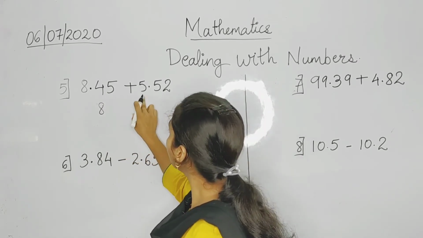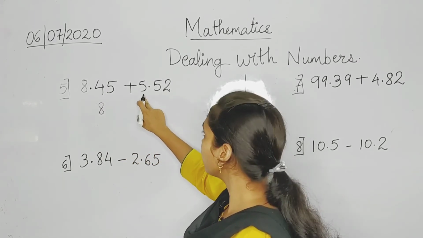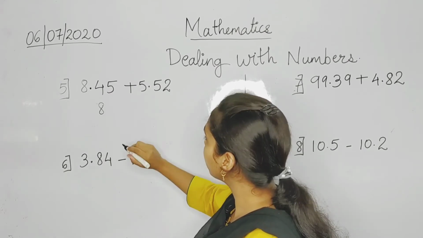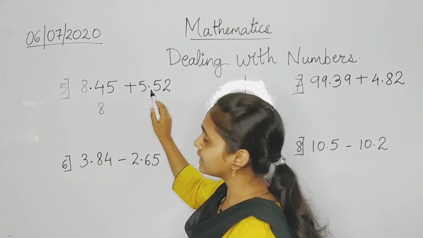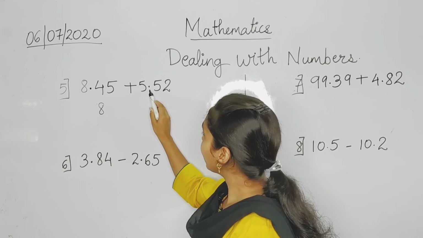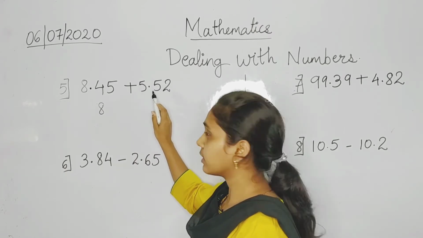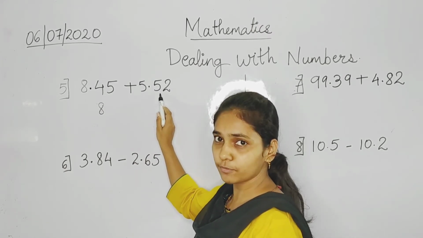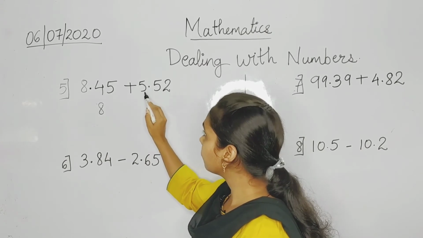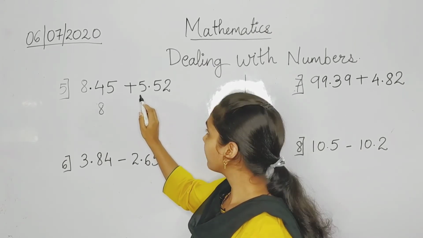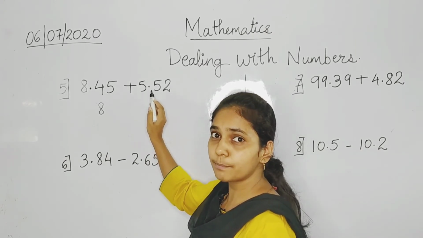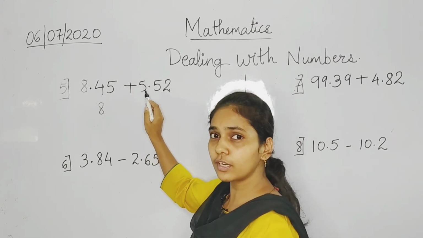Now we have to round off the second number. The second number is 5.52. Here we first check the number after the decimal point. The number after the decimal point is 5. So again we add 1 to the number which is before the decimal point.